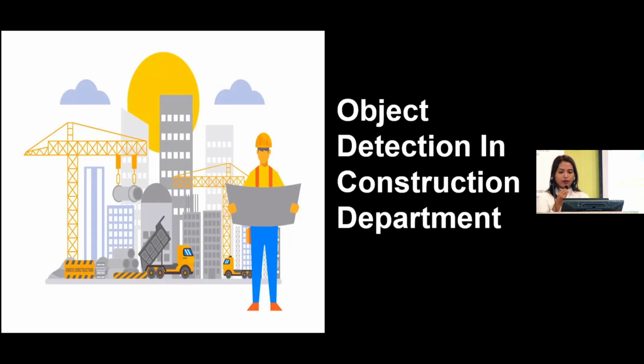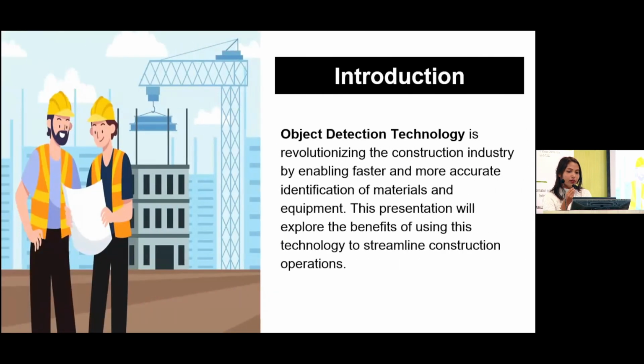Before going to that, let's see what object detection is. In simple words, if I have 50 dog images and 50 cat images, and I feed those images to a machine, the machine will find patterns in them.